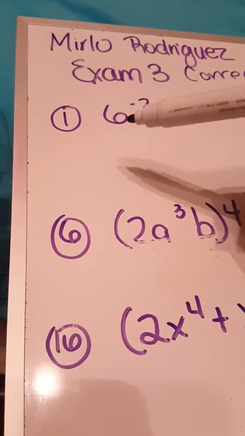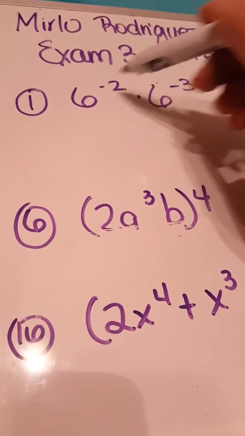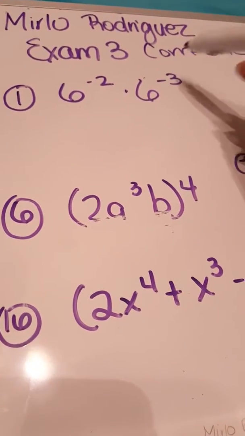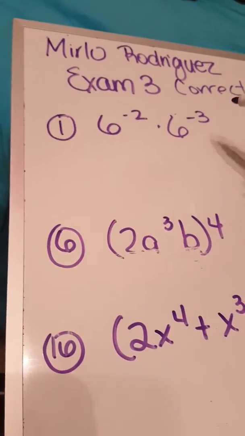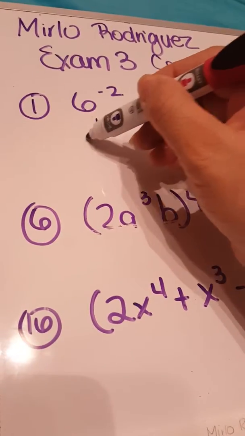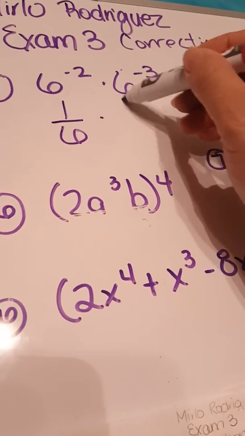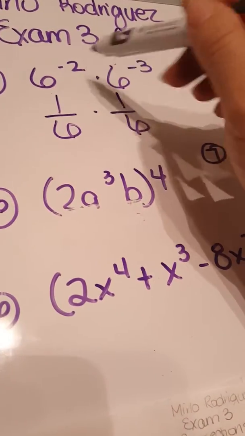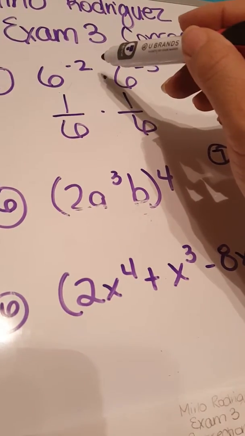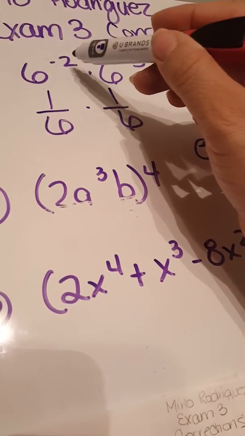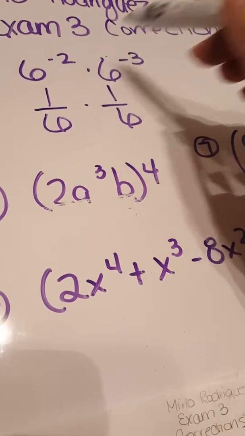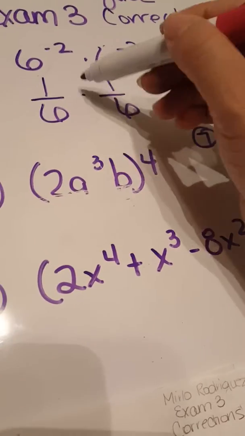So anyway, we have 6 to the negative second power times 6 to the negative third power. And all we're doing is basically making these into fractions, because you can never have a negative power on the top.